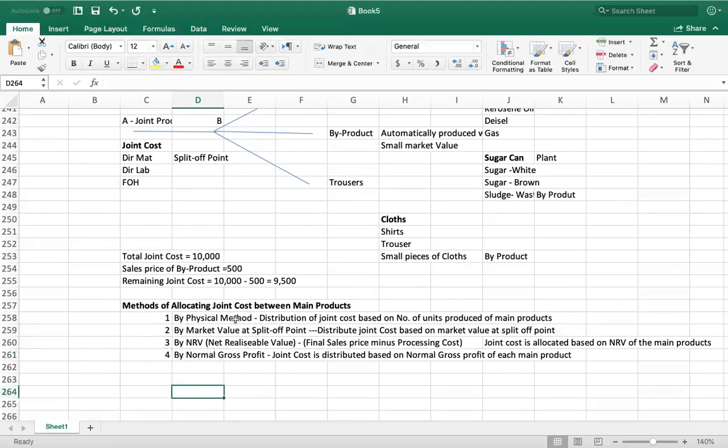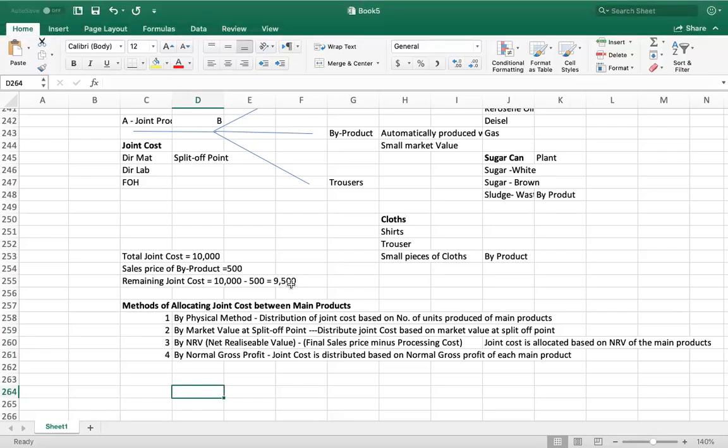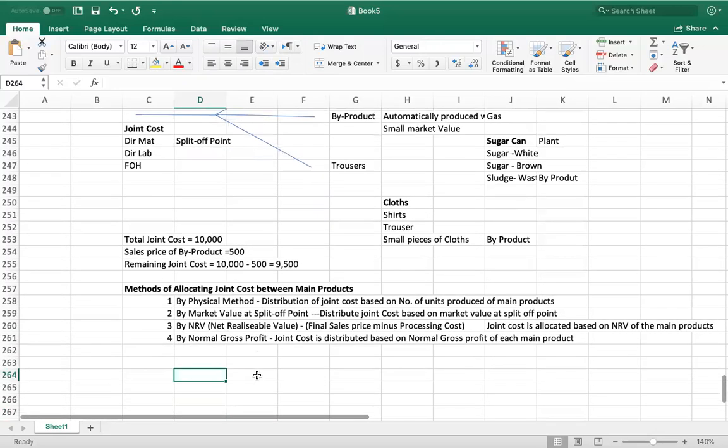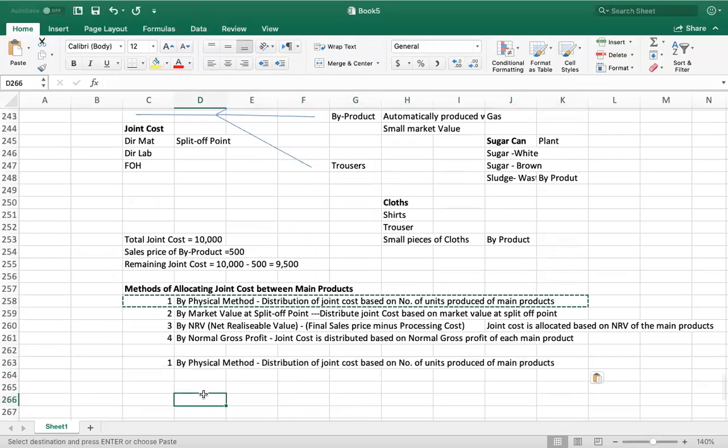Now we will discuss one by one how to allocate this remaining joint cost to the main products with the help of these methods. Let me take the first method. For this purpose, I will make one example.